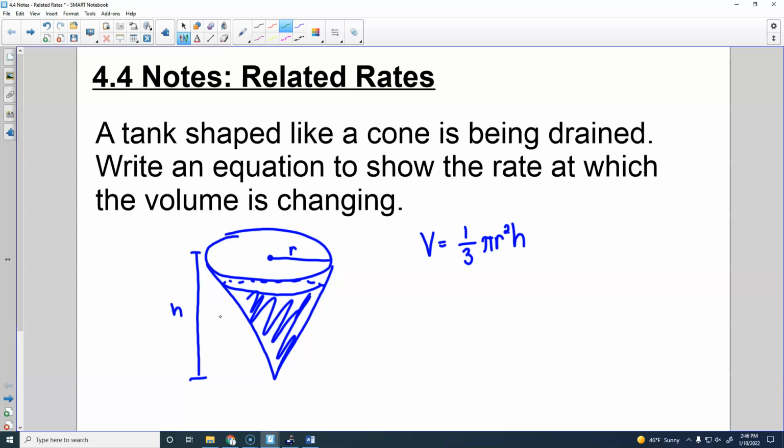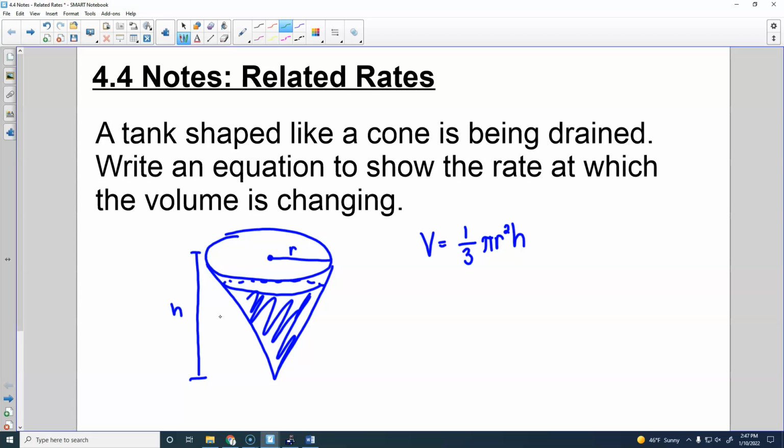So volume is going to, let's say we're pumping the water out, right? So the weight of the water doesn't matter. You're pumping the water out. The volume would change at a constant rate in that case. So the volume would change at a constant rate as you pump the water out.